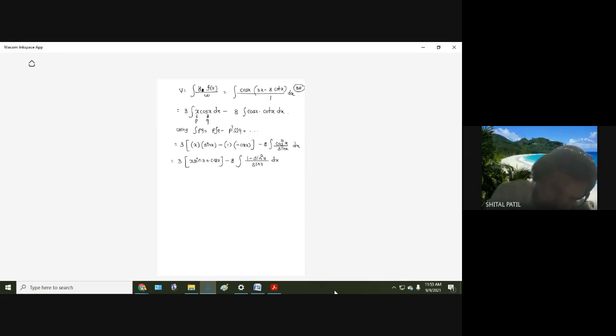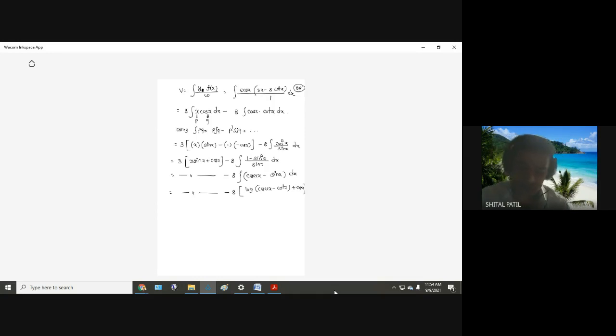That is also okay. Log of what is integration? Integration of sin x is minus, minus, minus, it will become plus.